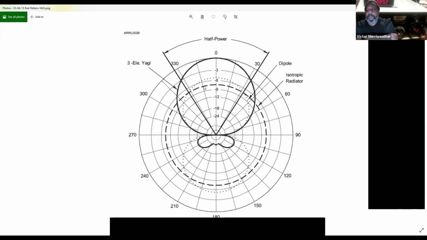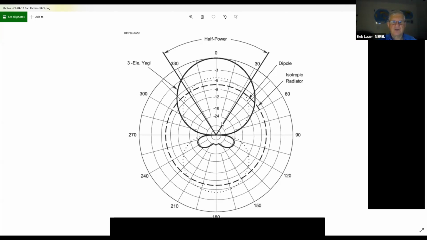Okay, and we talk about gain. All right, this is a concept you just should understand. Gain is always a relative term. So it's relative to what you would get with an omnidirectional antenna, meaning this dashed line circle. What does your special directional antenna, how much more power do you get in the direction you want to get it?